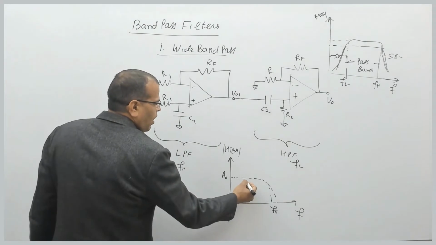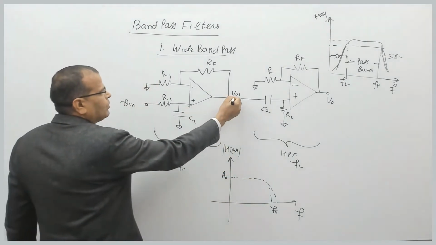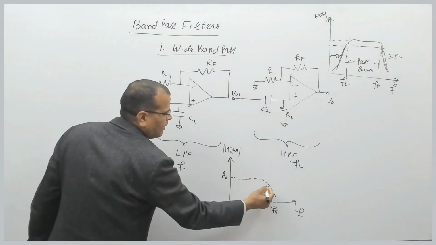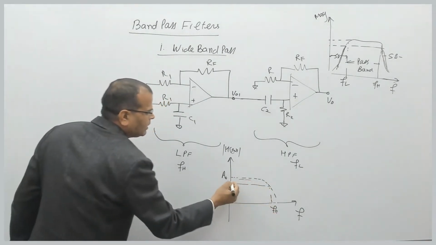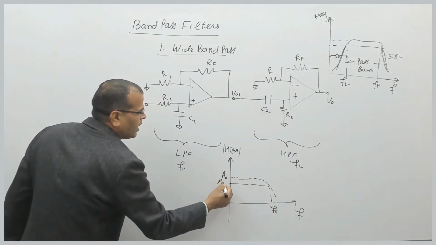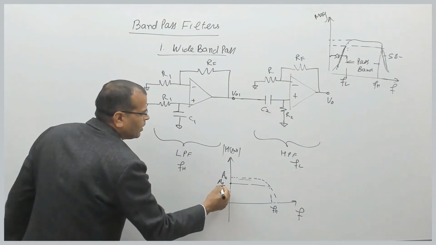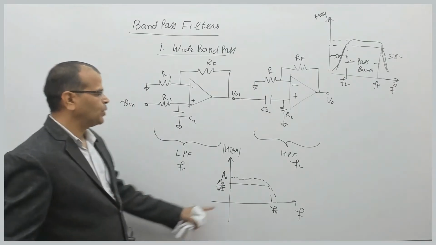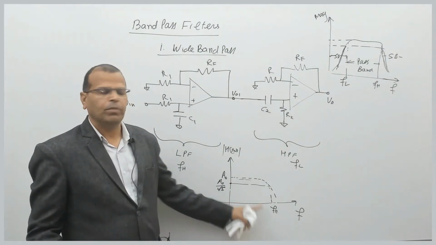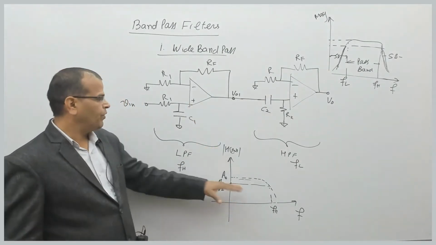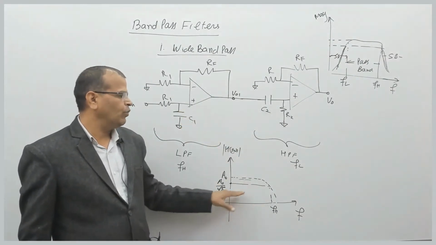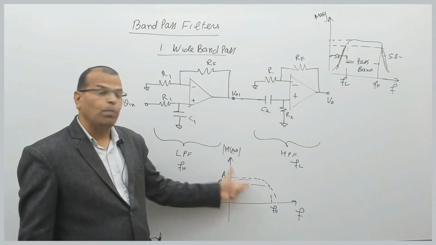Now this will allow to pass through the frequencies up to which frequency? That is upper cutoff frequency of low pass stage, right? It allows to pass through it the frequencies up to FH because it is low pass stage. So the frequencies below upper cutoff frequency of this low pass stage will be passing through it, low pass.